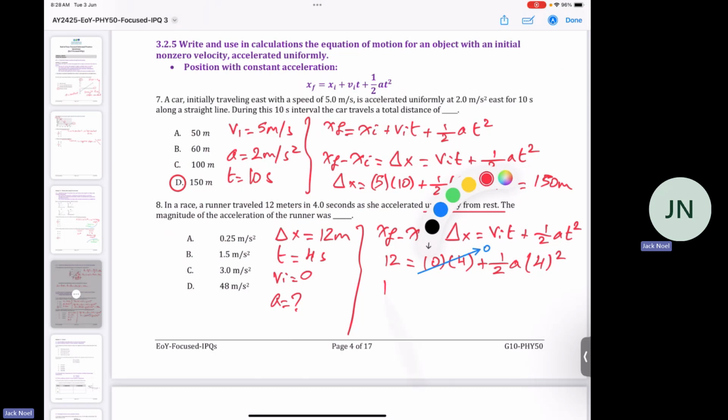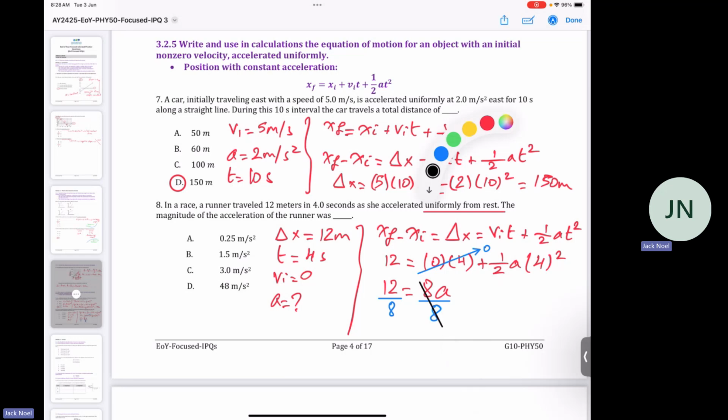So 12 would be equal to half times 4 squared. 4 squared is 16, and 16 times half is 8a. Then we divide both sides by 8 in order to get the acceleration.